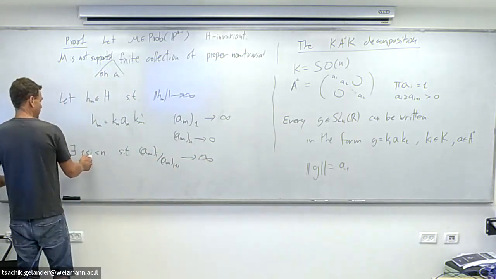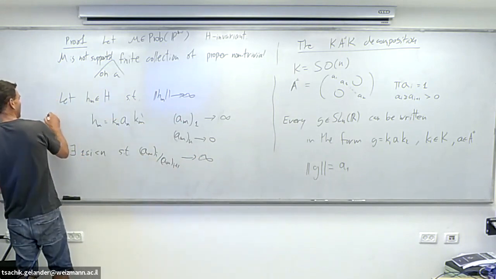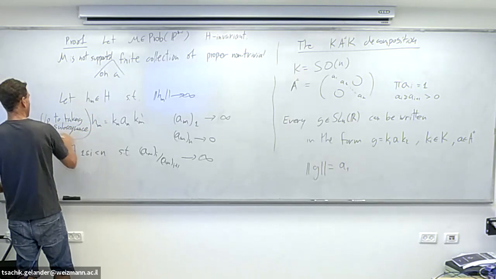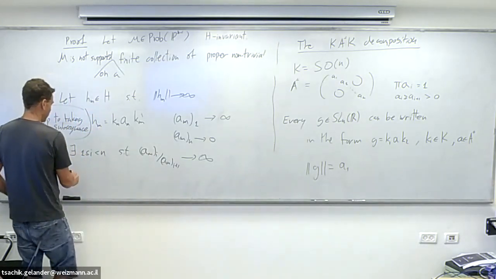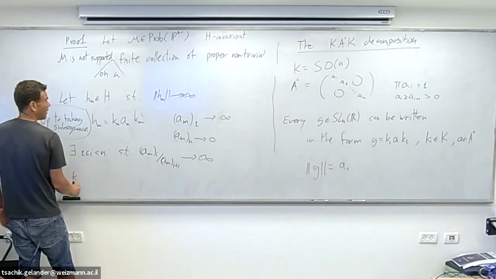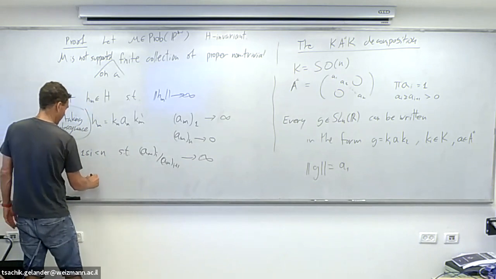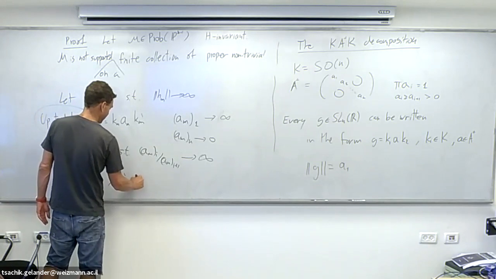And the jump is for a single i, up to taking a subsequence. I also want to say that K_m converges to a limit and K_m prime converges to a limit.